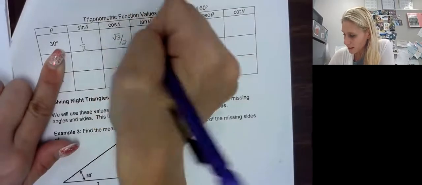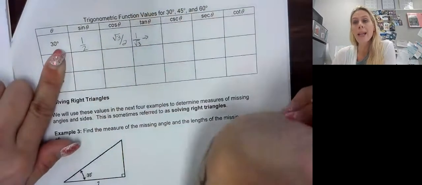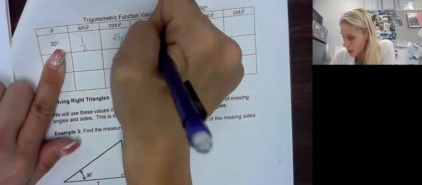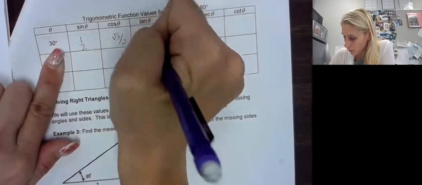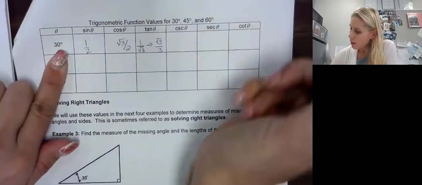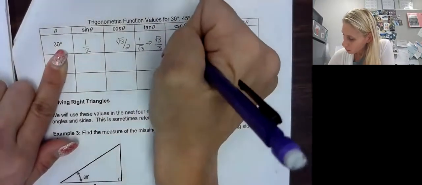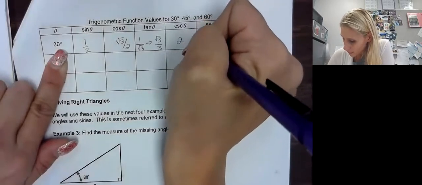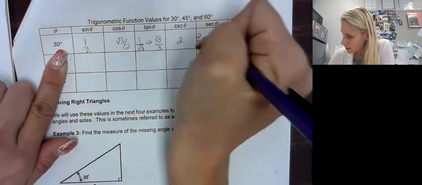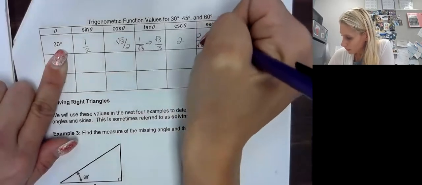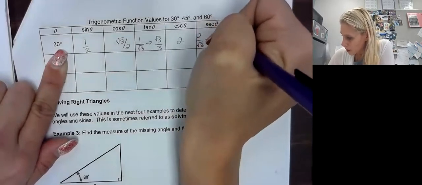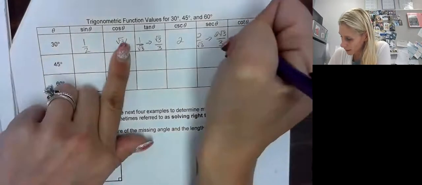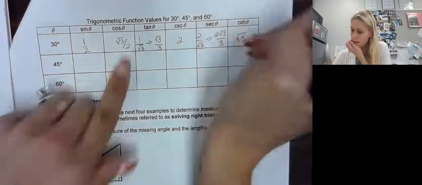So I'm going to rationalize it here, which means I multiply both top and bottom by the square root of 3 to get rid of that square root on the bottom. We get the square root of 3 over 3. And now we're going to flip them. So we get 2 here. 2 square root of 3. Again, let's rationalize it. So square root of 3, multiply top and bottom. And then cotangent, we just get square root of 3.